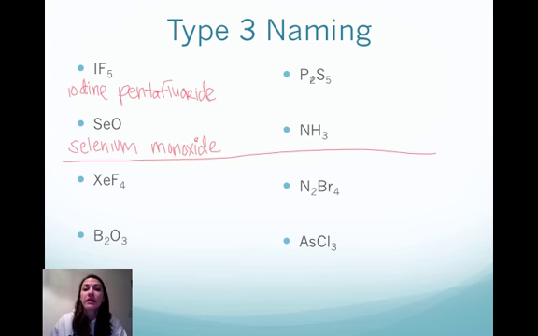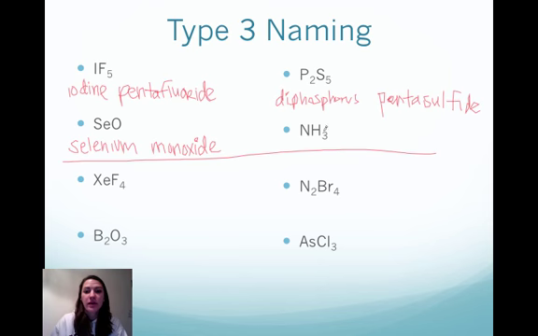Next one. We actually do have more than one in the first element, so we are going to describe it. We've got diphosphorus, penta, that's 5. I apologize for the spelling. Pentasulfide. And you remember that your ending is going to be IDE, just like with every other nonmetal. Diphosphorus pentasulfide.